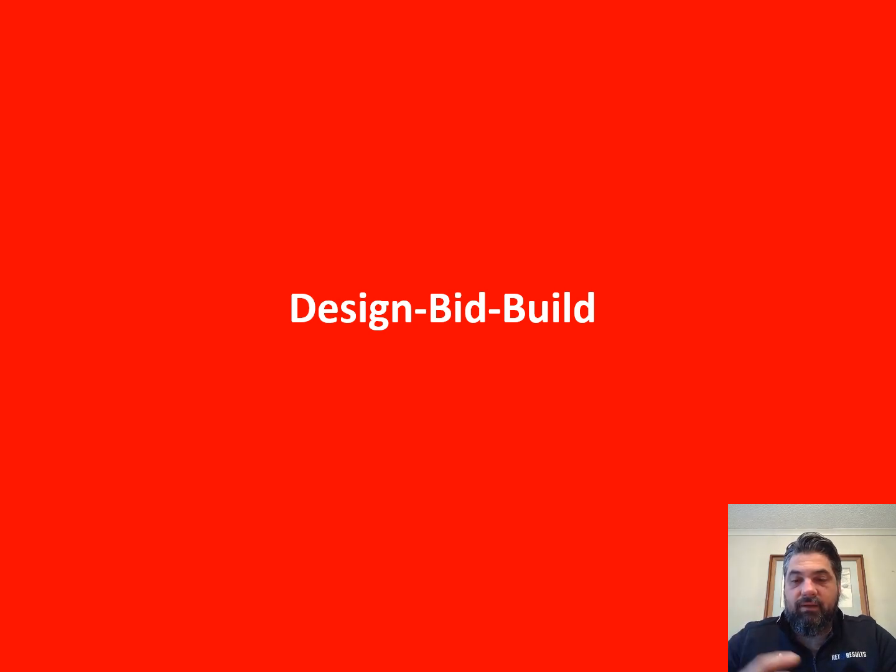The first is that there's a competitive bidding process, so the owner is assured that they are getting the lowest price of the available people to bid the project. The second is that they have complete control of the design, because the architect, working as their agent during design, makes sure that everything they want is in the project and therefore in the documents that get bid and hopefully built.